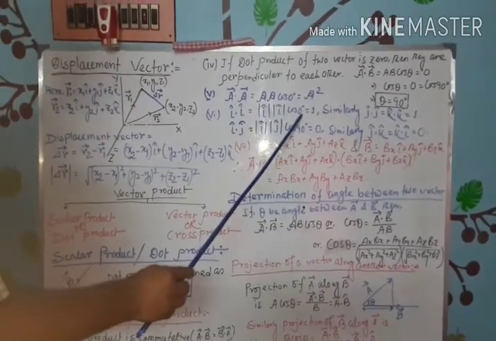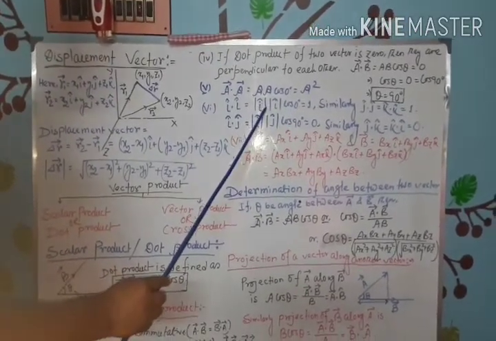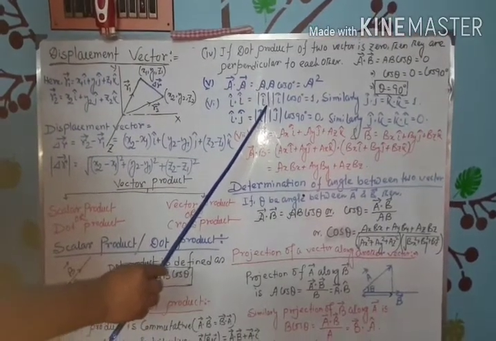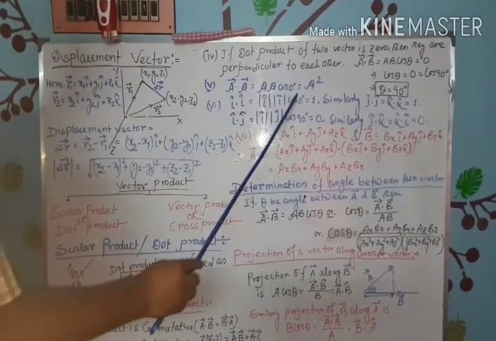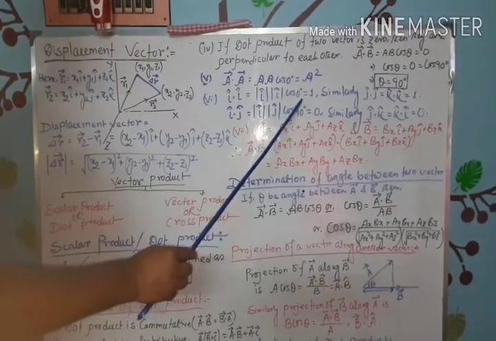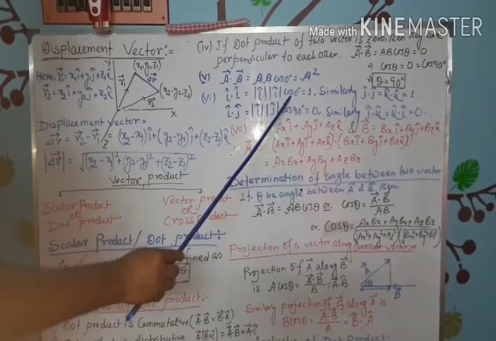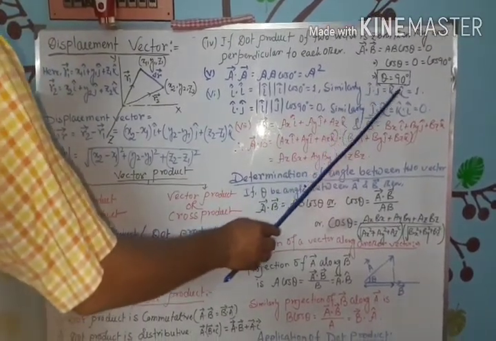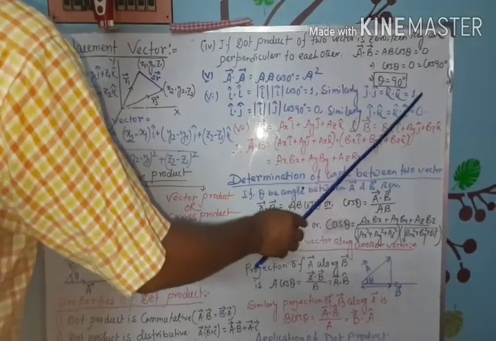This is a unit vector and the magnitude of the unit vector we know is 1. So 1 into 1 into 1 is 1. Therefore we can say the dot product among the same unit vector is always 1. Similarly j dot j equal k dot k equal 1.